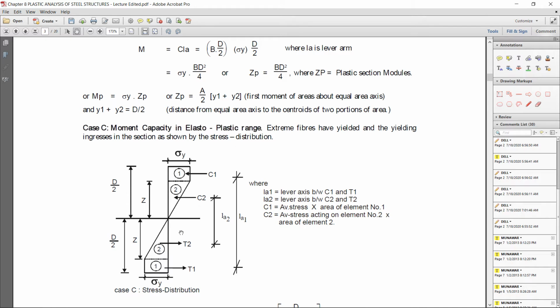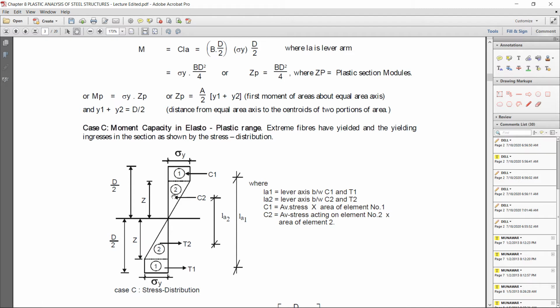Here the section is shown. Okay, and the region that is plastic, that depth is z, that is not the elastic section modulus, that is the nomenclature of depth. The upper half portion is d by 2, the lower half portion is d by 2.